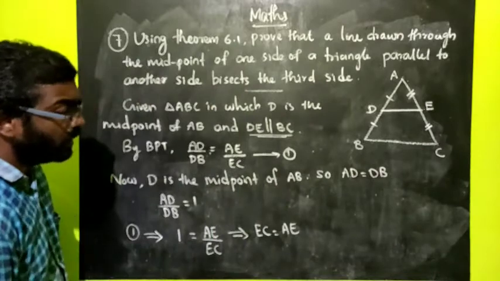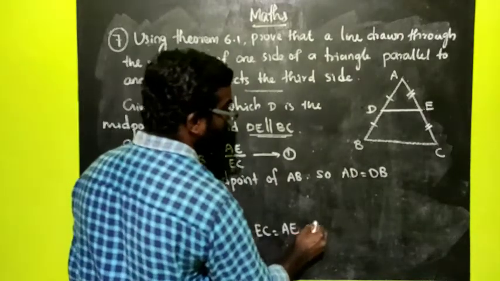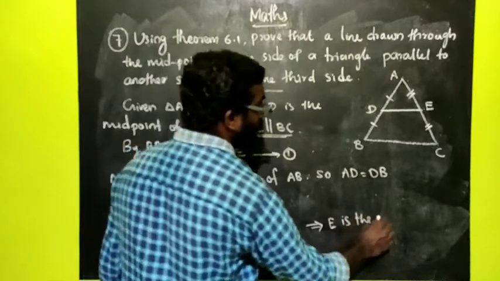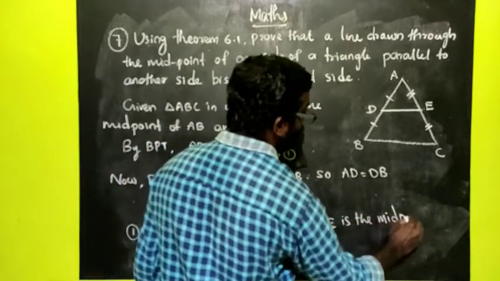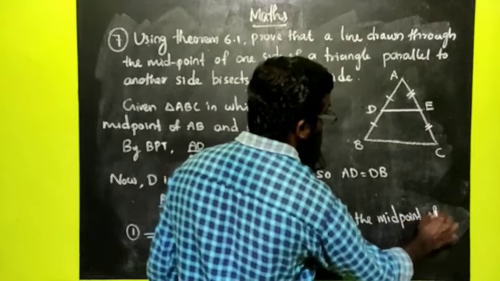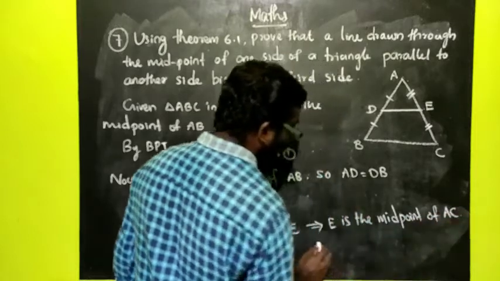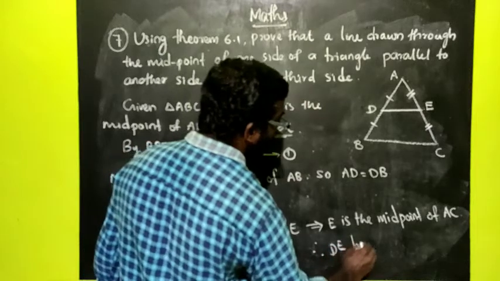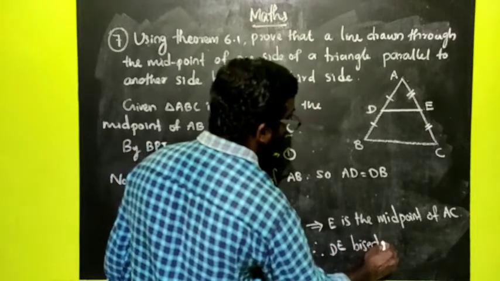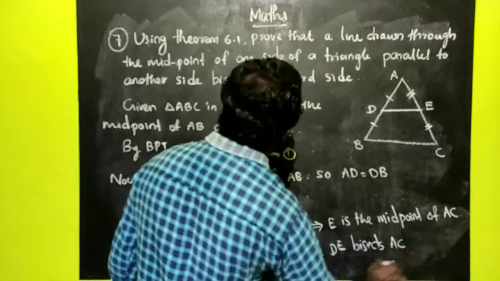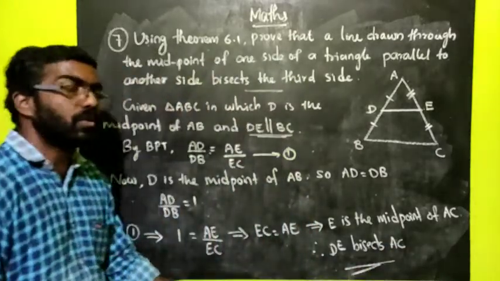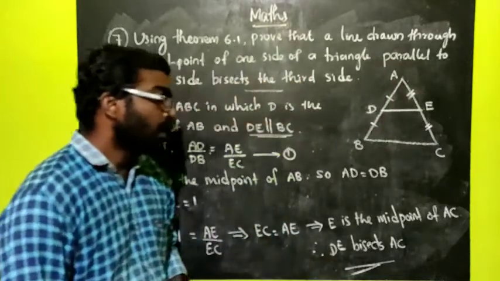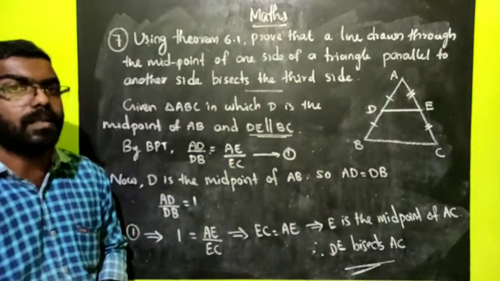That means E is the midpoint of AC. Or we can write DE bisects AC. Bisect means divide into two equal parts. Here AE and EC are equal, so we can conclude DE bisects AC.